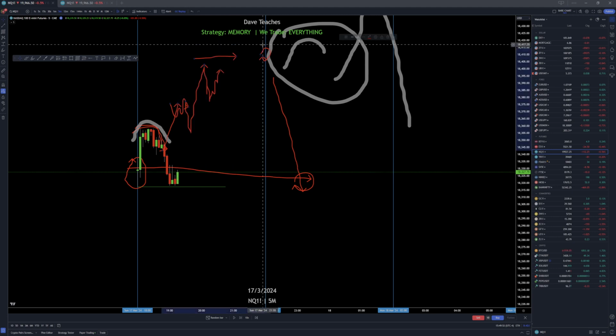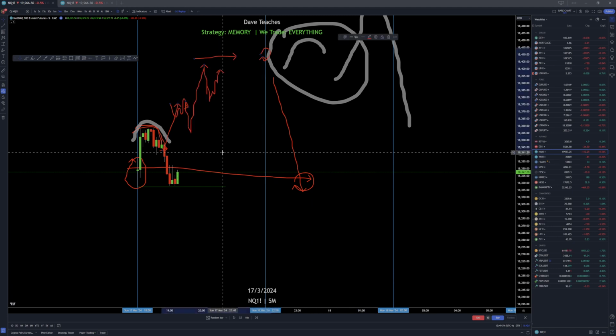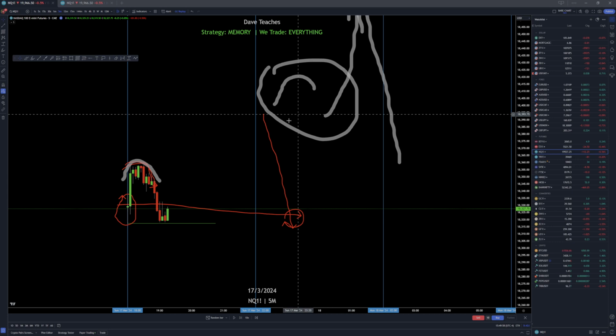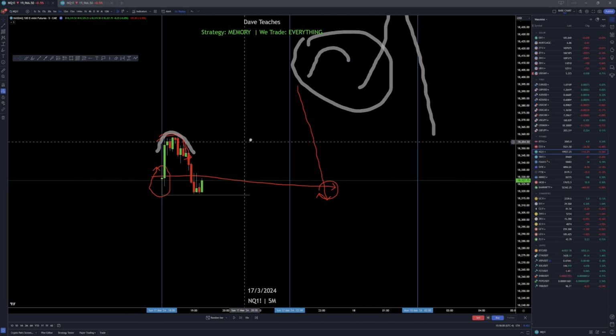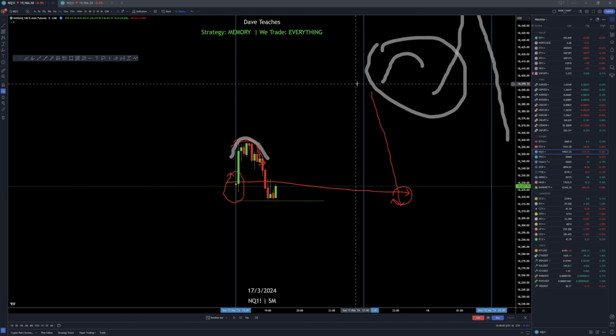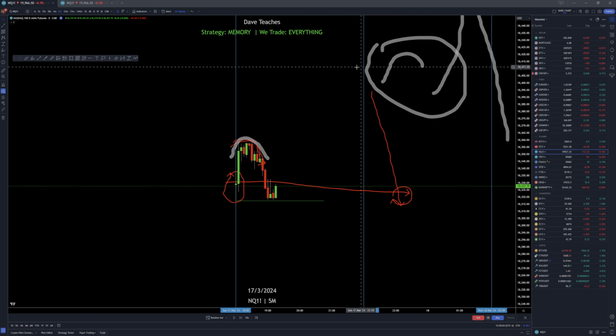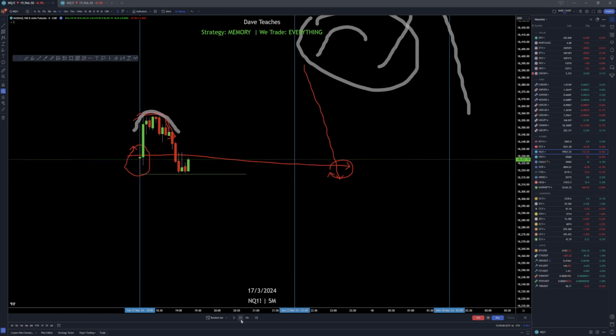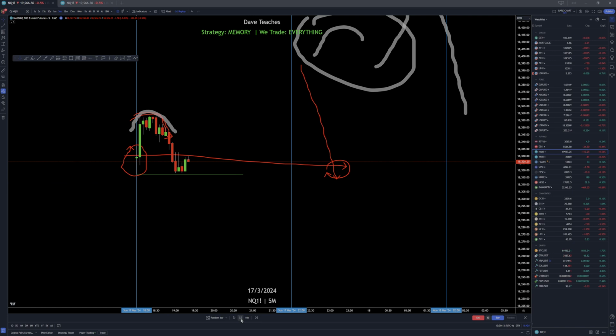Let me just move some of this here. Because even though we didn't push up above this high, that doesn't mean that the other things that occur won't be valid. Because it'll still be valid because it's based on what the time usually does.